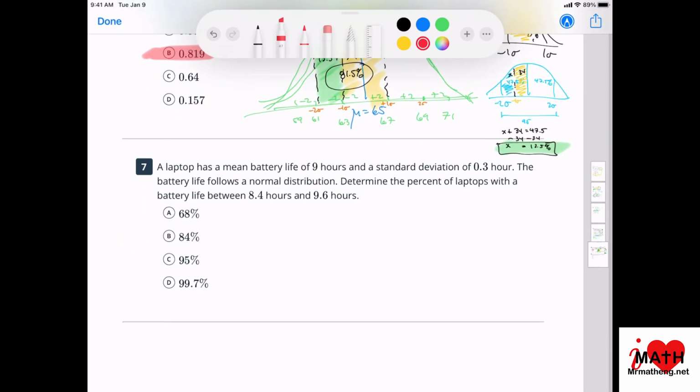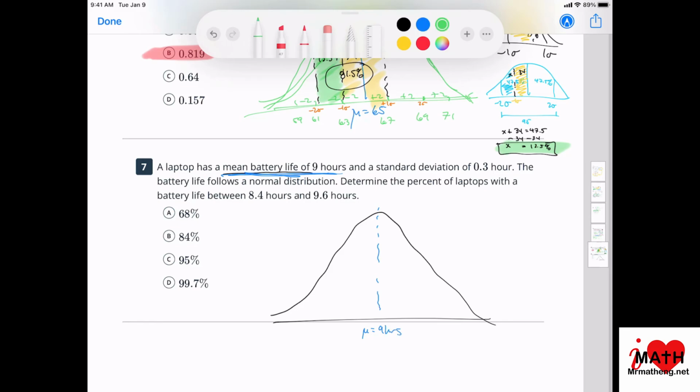Last one, number 7. A laptop, let's draw our normal curve because we're going to see this ghost again, has a mean life of 9 hours. This is our center. And a standard deviation of 0.3.